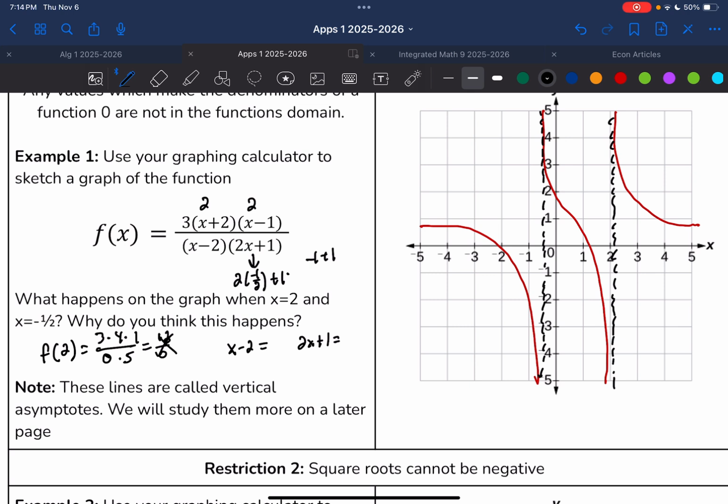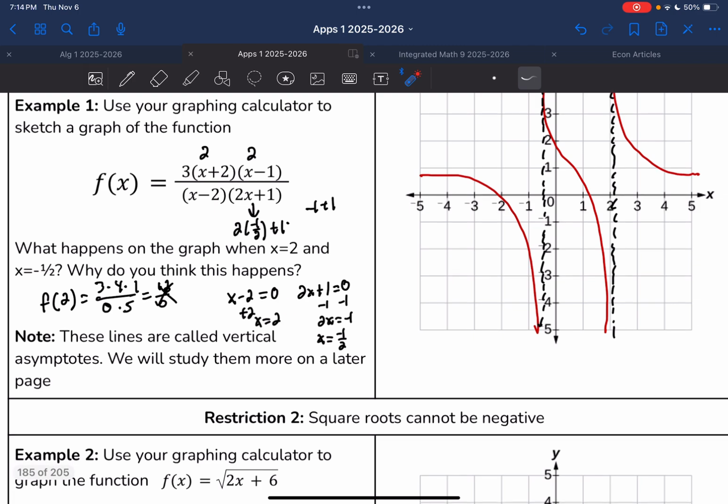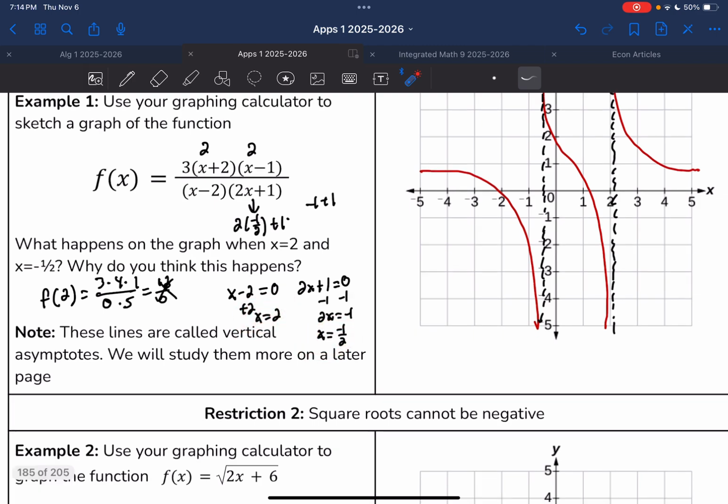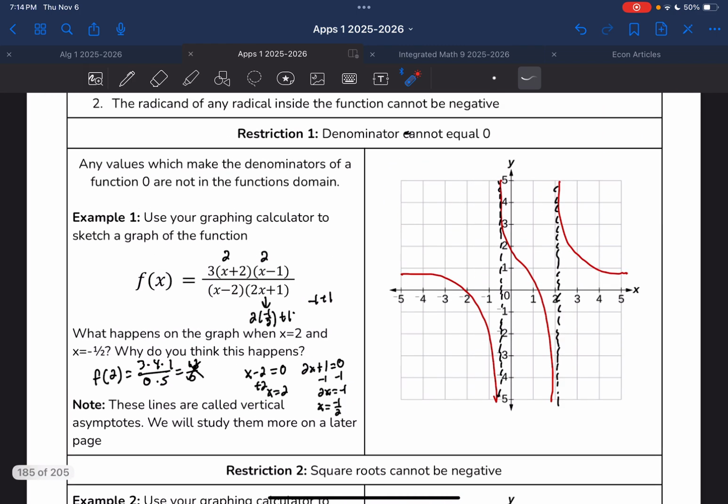What values are going to make that denominator 0? Then solve, and you get x equals 2, and 2x equals negative 1, x is equal to negative 1 over 2. That's how you can get the values that make the denominator 0.